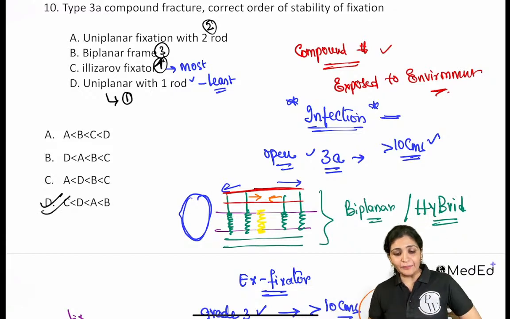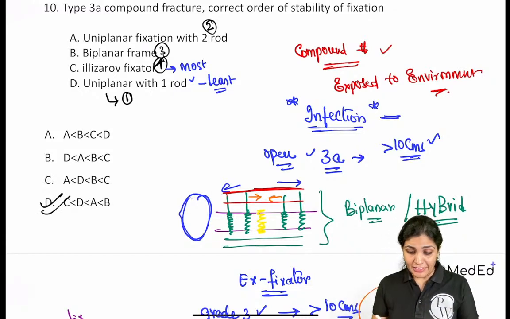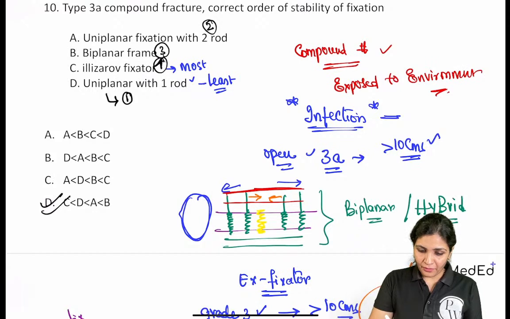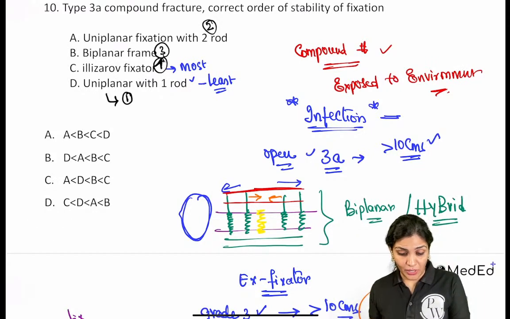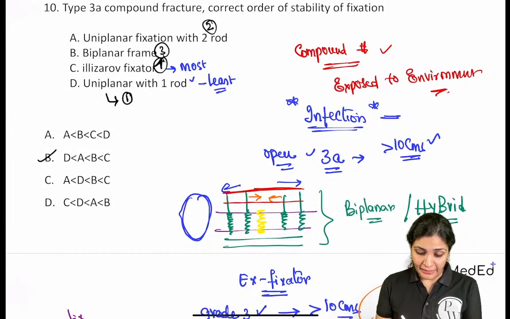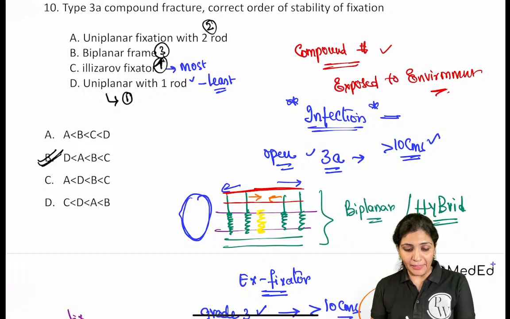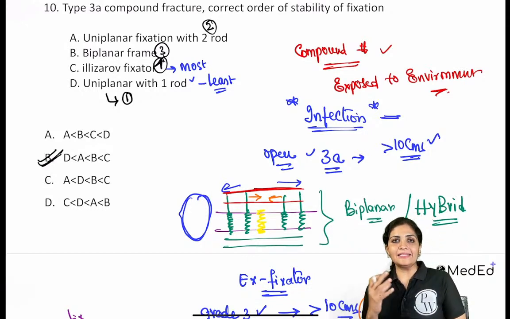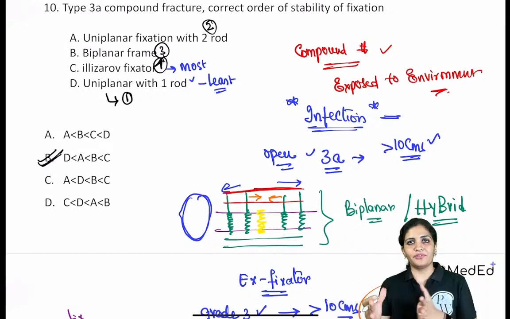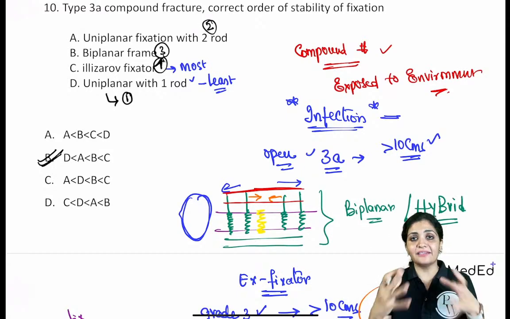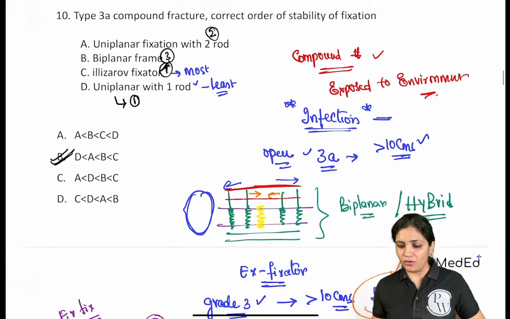So D is the answer. So here, C is the answer, sorry. Okay, C is the answer, where the first one is uniplanar, that is D, and then it is the two rod, that is A, then it is biplanar, that is B, and then C is the ring fixation. So this is the order of the stability in case of your external fixators, right? So this is the order of the stability.